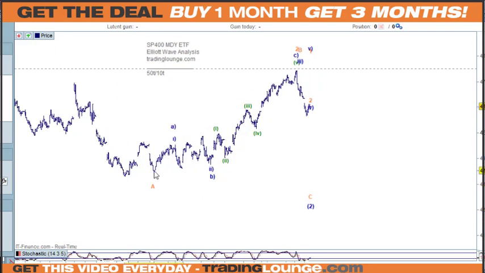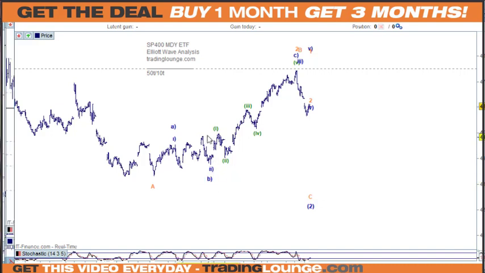We could look at this move up here, because on the futures market it doesn't count very nicely as 5 waves, but on the cash market it does. We can see here that also this here was 5 waves, and this was also 5 waves, and you can see that on the futures market. So the best way to count this is either 1 or A here, then an A, B, C for the B wave, and down for the C wave here as a wave 2 or wave B.